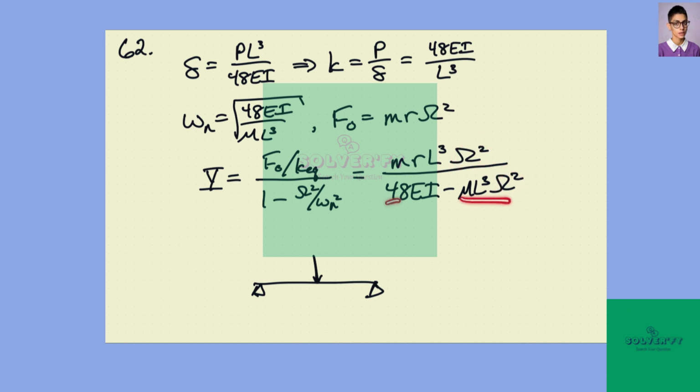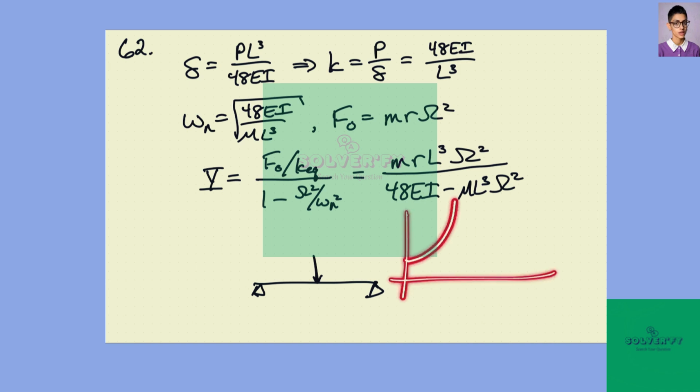That means this dominates this, so that goes away. And then this would cancel with this, and this would cancel with this, and then our amplitude would simply be the ratio of the unbalanced mass to the total mass times the eccentricity. So as the forcing frequency gets very large, we asymptote to that value.